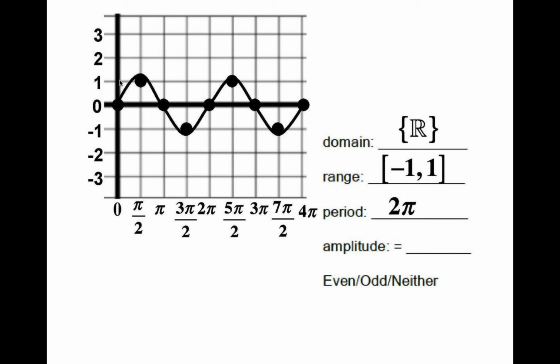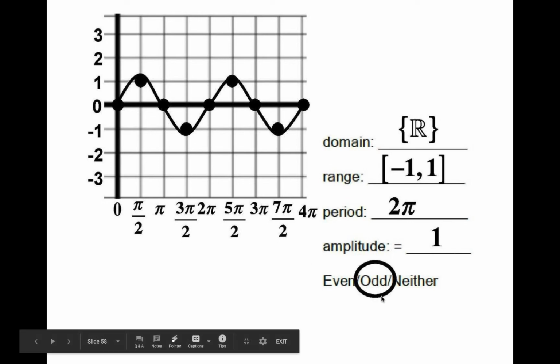It takes a full 2 pi, which is a full circle around the unit circle. You're going to need to know that in a moment. Your amplitude, the height from the x-axis, is 1. And then since this is going through the origin, and we can rotate it around the origin and it'll match up, that means this graph is considered odd.